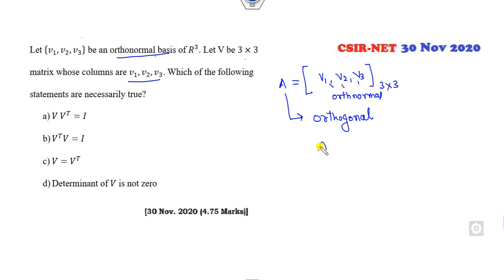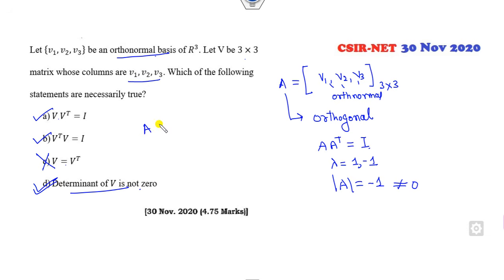If this is an orthogonal matrix, it means A times A transpose is I, or V times V transpose is I. It is the same as this. Fine. Now what is the determinant of this? If this is there, the eigenvalues are +1, -1. So the determinant of A is -1, which is non-zero. So it is also a correct option. So A, B and D are the correct answers for this problem.